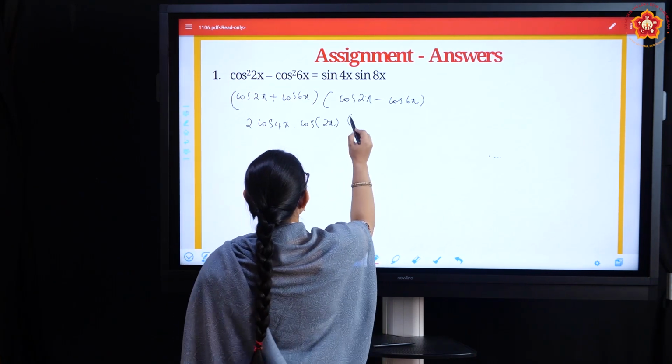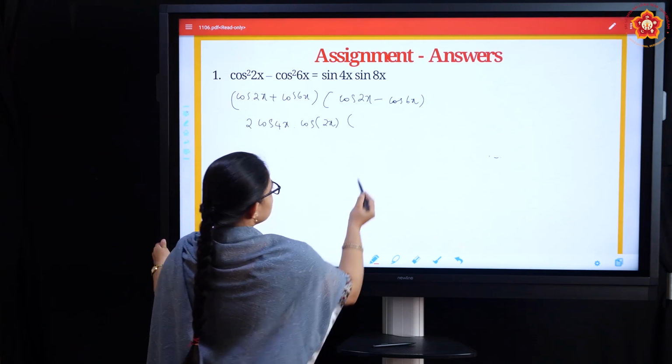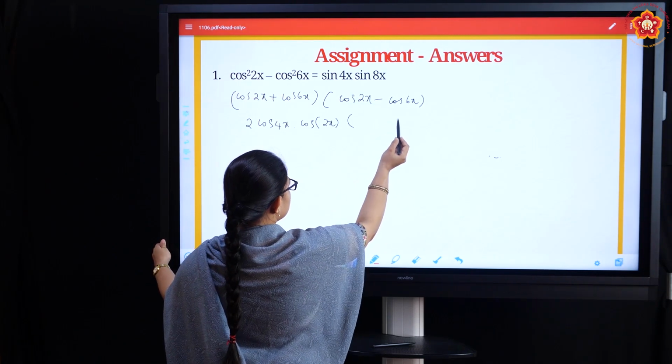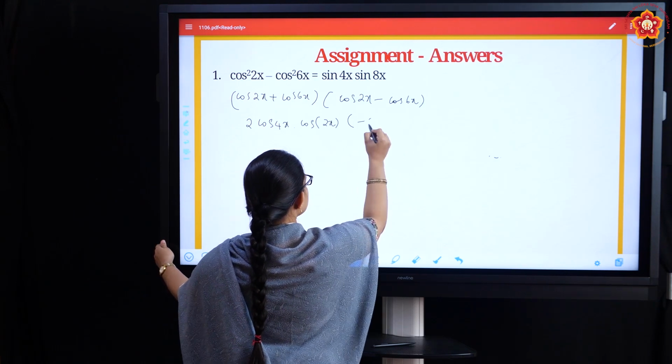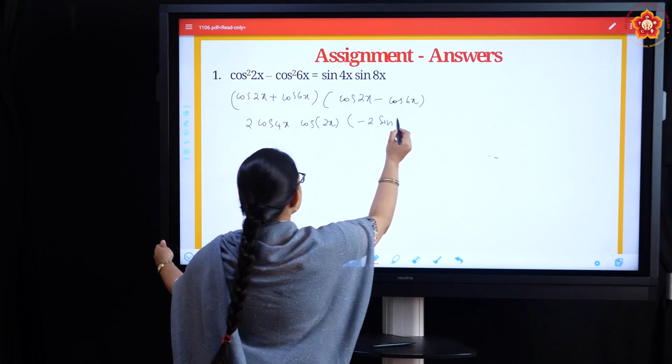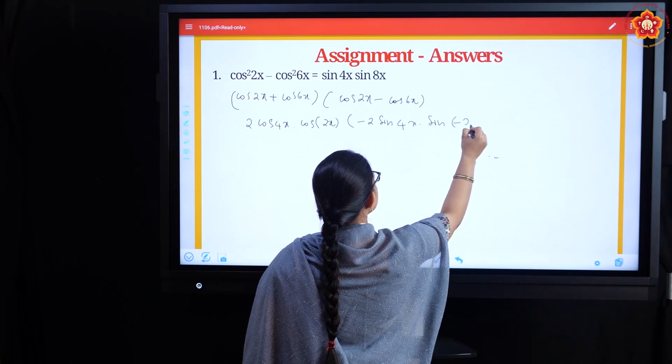Similarly, here we have cos 2x minus cos 6x, which is nothing but minus 2 sin (2x plus 6x by 2), that is minus 2 sin 4x into sin of minus 2x.